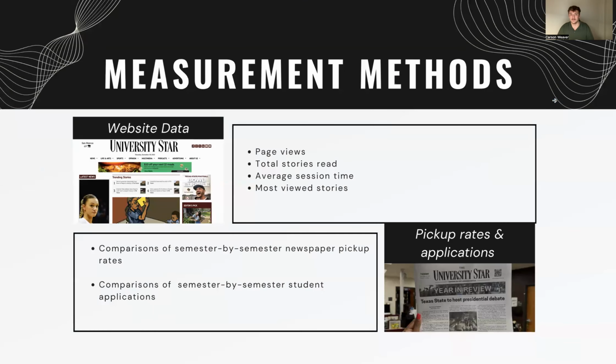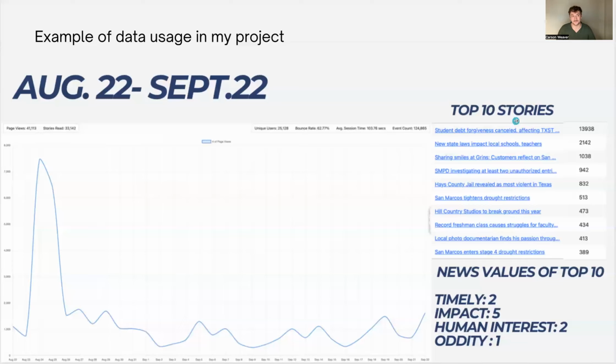The measurement methods I use for the quantitative data are website analytics: page views, total stories read, average session time, and most viewed stories, which you're going to see in my project the most. Pickup rates and applications are what I use to quantify campus presence mostly: comparisons of semester-by-semester newspaper pickup rates and semester-by-semester student applications to all sections.